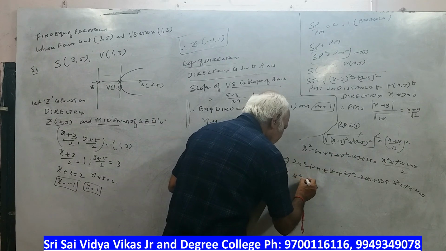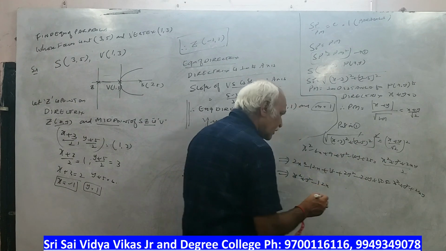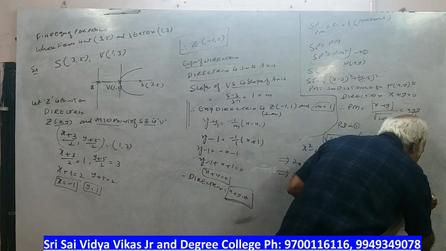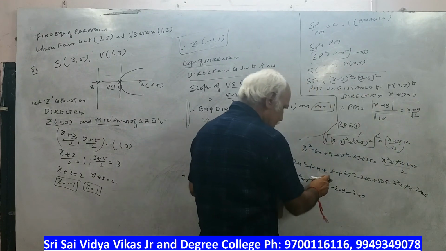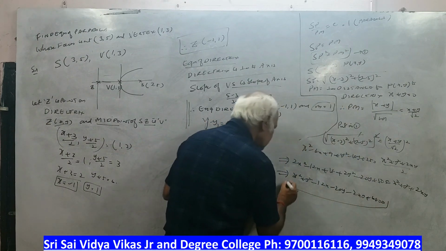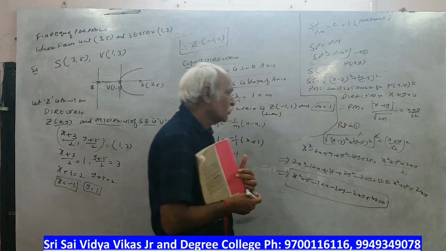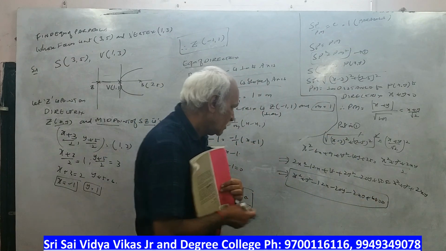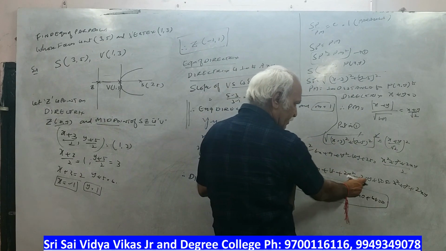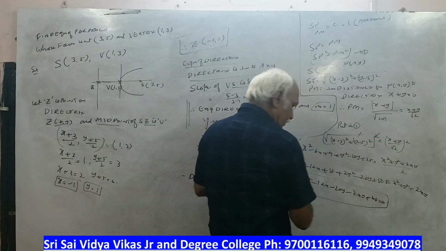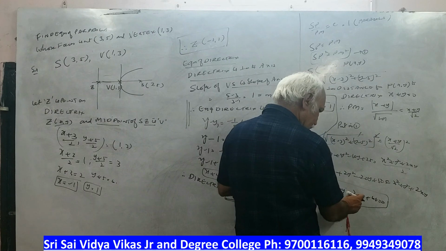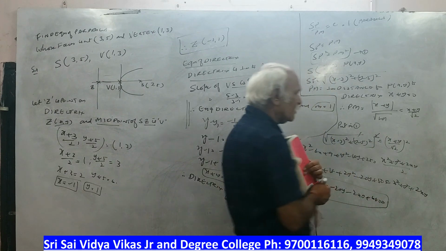So x square plus y square will remain, minus 12x minus 20y minus 2xy, then 18 plus 50 is 68. Only x square and y square will get cancelled, the remaining will be minus 12x minus 20y, then 2xy plus 68 is equal to 0.